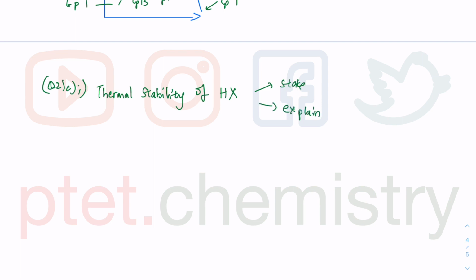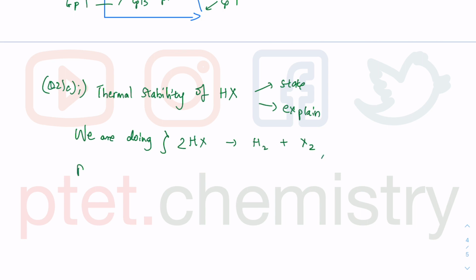So in this paper, you're still given access to the data booklet. Remember that what we are doing is these reactions where HX goes to H2 plus X2. So we are breaking the covalent bond, the HX covalent bond.